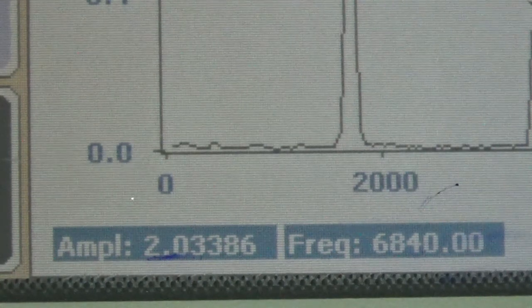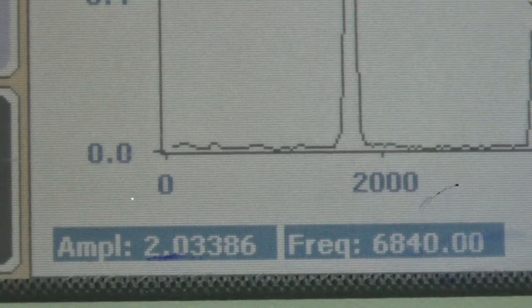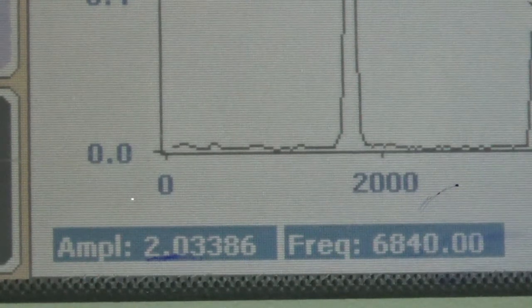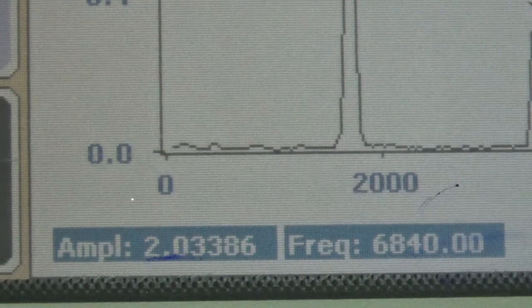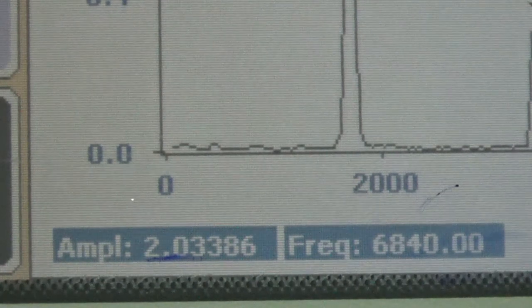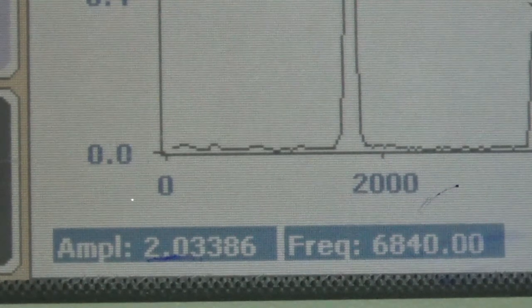Why has the amplitude increased? Because I am pushing the cover plate with more pressure. The amount of force with which the cover plate is touching the blades is more, so the amplitude has increased.